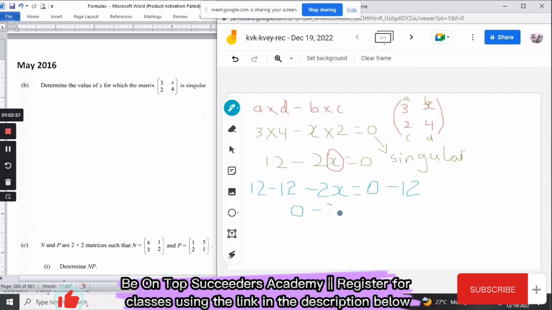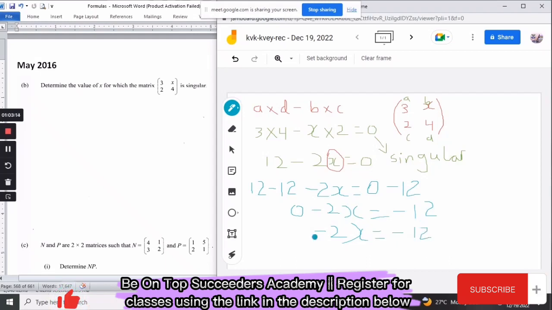So 12 take away 12 is 0, minus 2x is equal to negative 12. I didn't even have to write that 0 there, but just to show those not accustomed to transposition, I could have just left it as negative 2x is equal to negative 12.